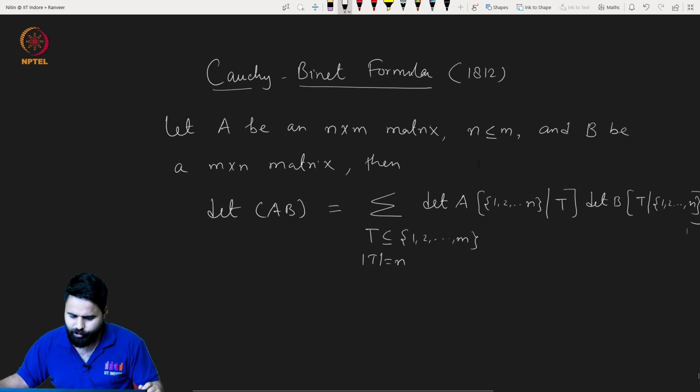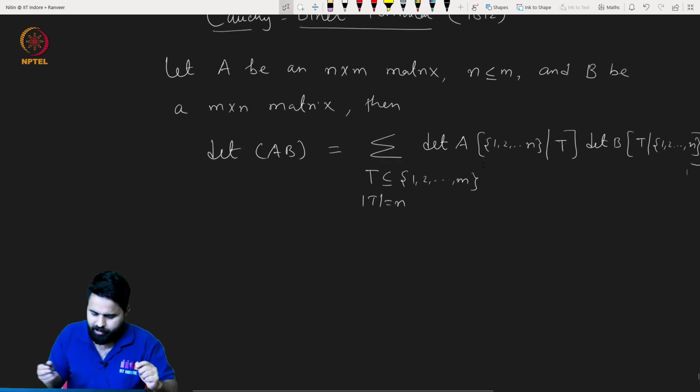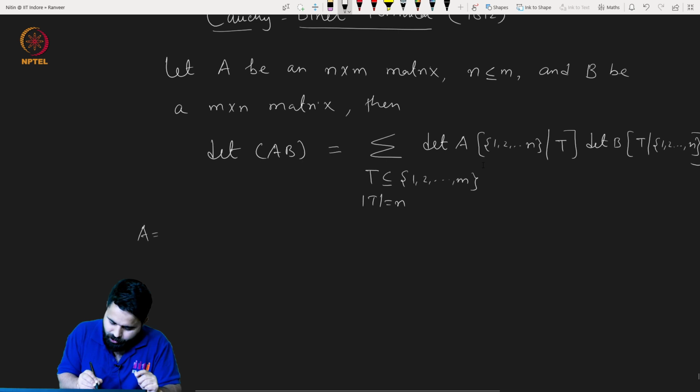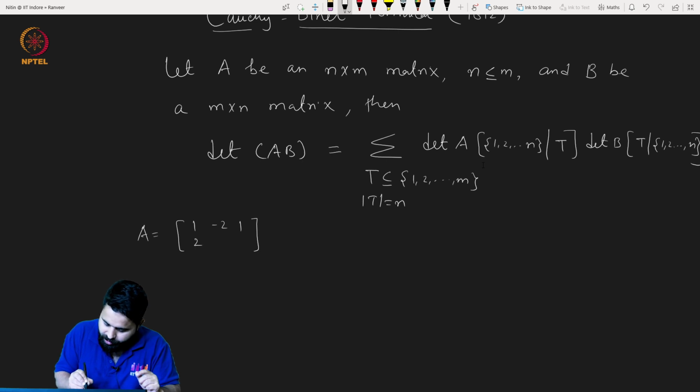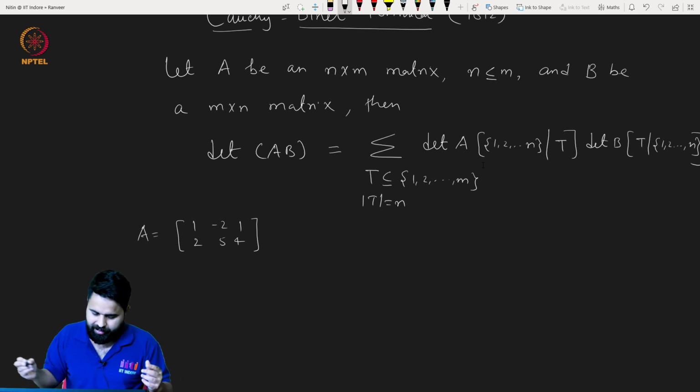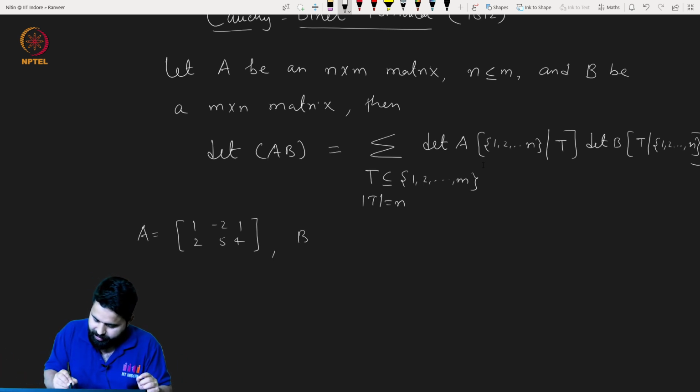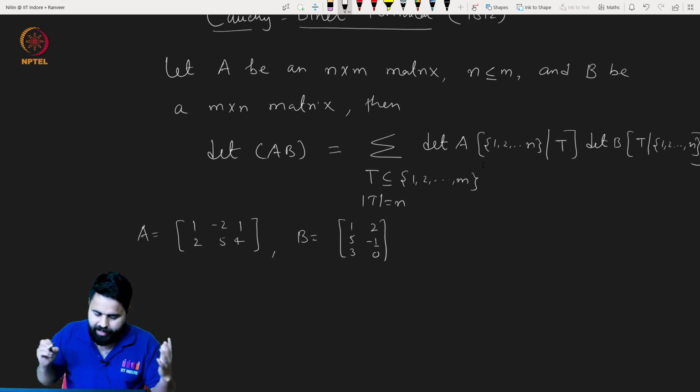Let us take one example of it. Suppose A is a 2 cross 3 matrix: 1, minus 2, 1 in the first row and 2, 5, 4 in the second row. And B is a 3 cross 2 matrix: 1, 5, 3, 2, minus 1, 0. So what will be the determinant of AB?